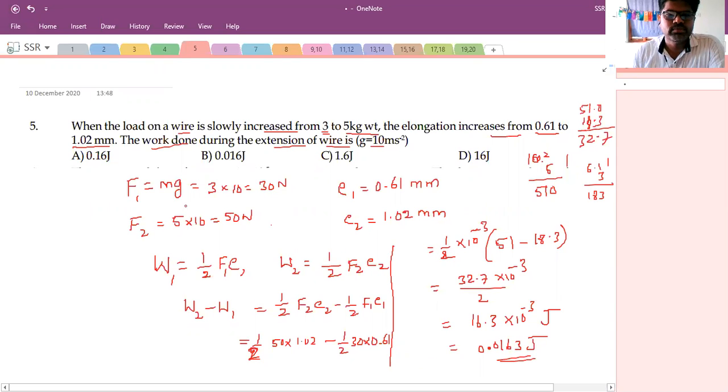Option B is 0.016. Are you clear? Question number 5.